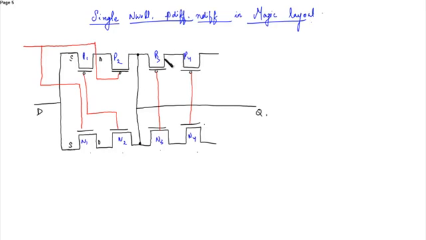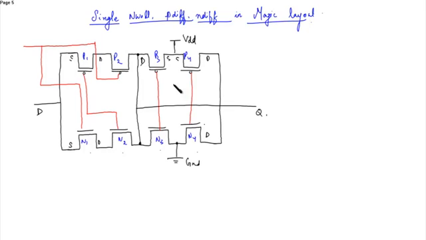Now this is the drain, source drain. So here VDD, and over here ground, drain. Okay.